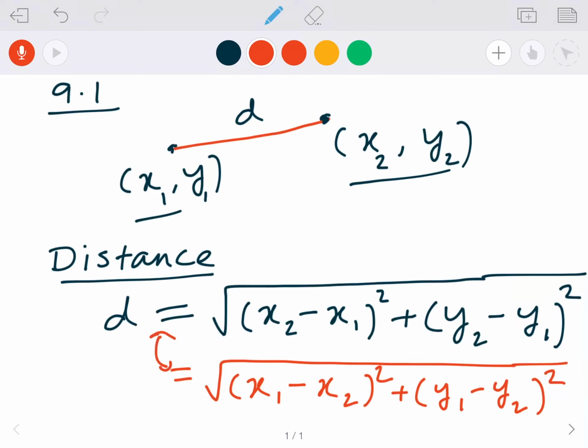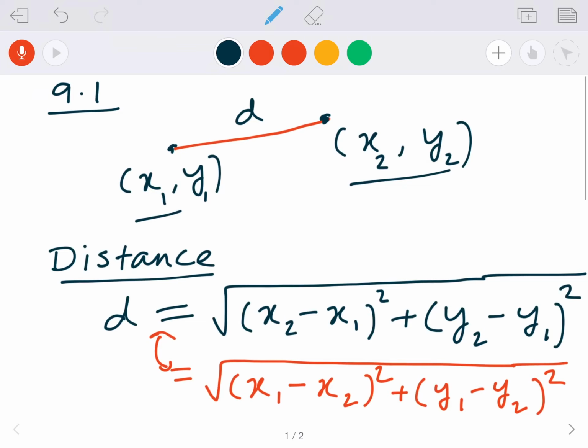So you can use any one. Either x2 minus x1 squared or x1 minus x2 squared, y2 minus y1 squared or y1 minus y2 squared. As long as you have a square, it doesn't make a difference. This is the square root of this whole thing. Okay, so this is the formula.